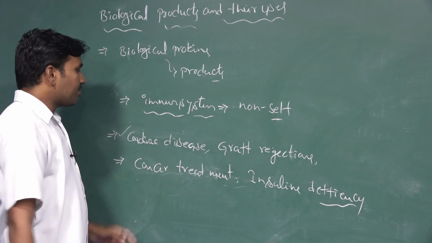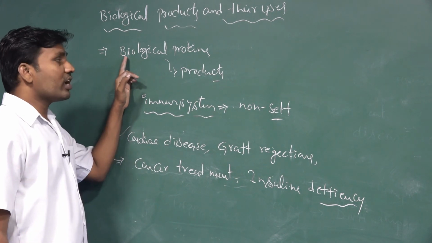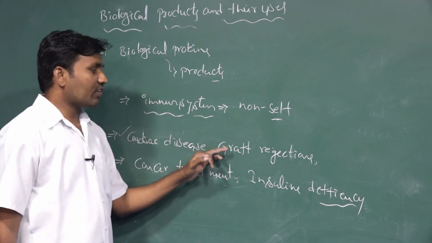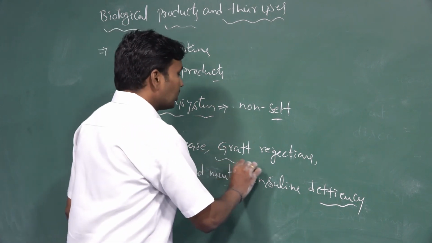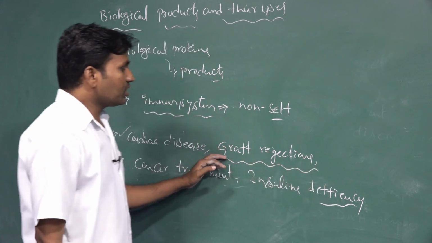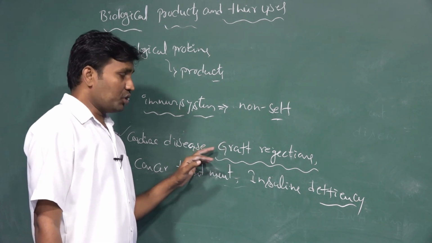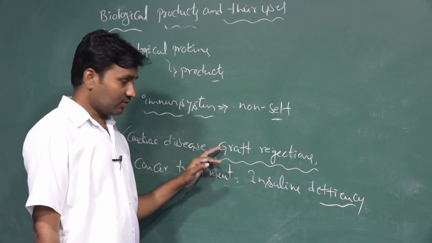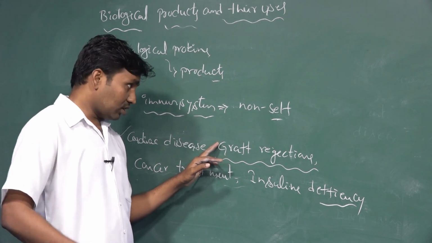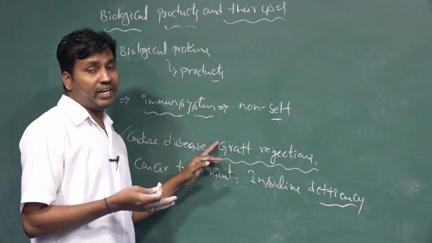See here what happens with whatever products we produce, for example the graft resection process. Sometimes, through organ transplantation, some tissues are going to be rejected. Why? They act as non-self materials.